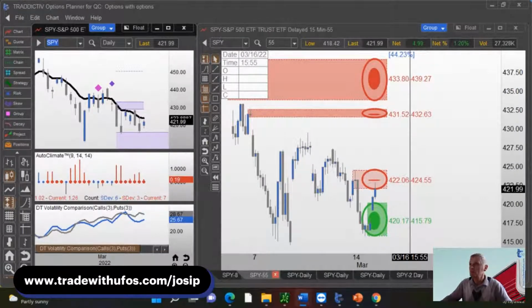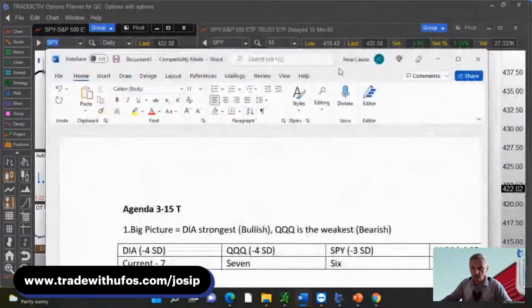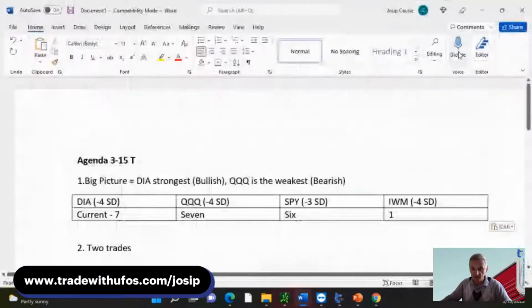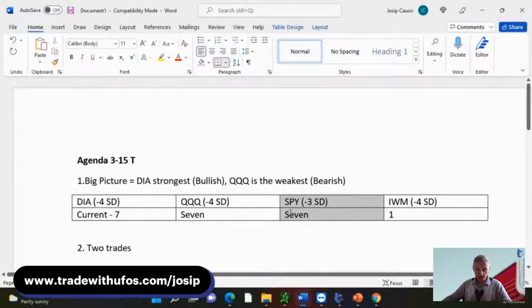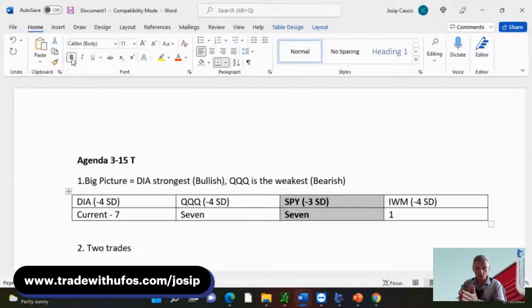What those numbers mean is that I want to make a comparison of 4 ETFs in relationship to the SPY. So if this is my measuring stick, if this is my milestone, then I want to compare everything to it.